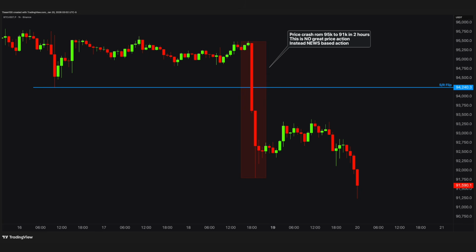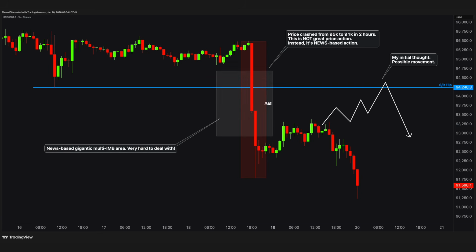However, if I really wanted to trade this move, I would much rather see price slowly pull back in an uptrend into this support and resistance flip area, for example. That type of move would be my ideal setup and what I would expect from healthier and more controlled, nice, clean price action.